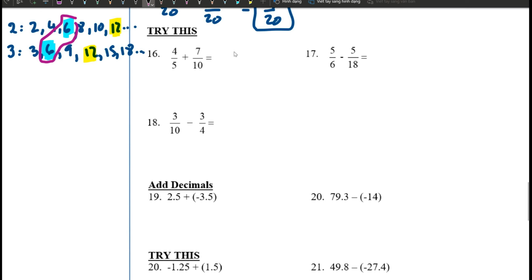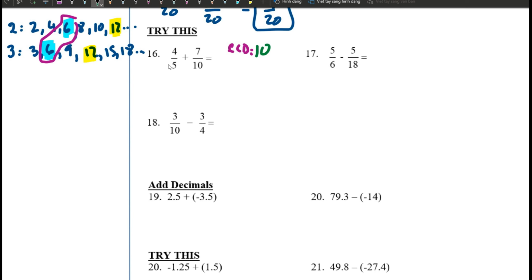Alright, the LCD for this problem, if you said 50, that is a common denominator but not the least. The least common denominator here is 10. If you use 50, you will get the same answer, but make sure you reduce your fraction.